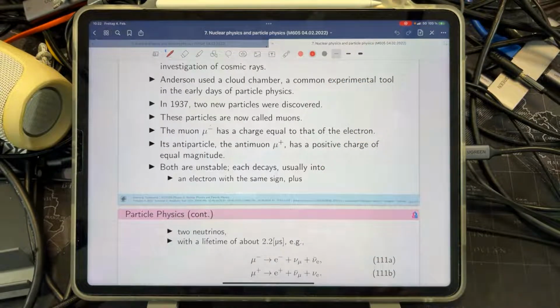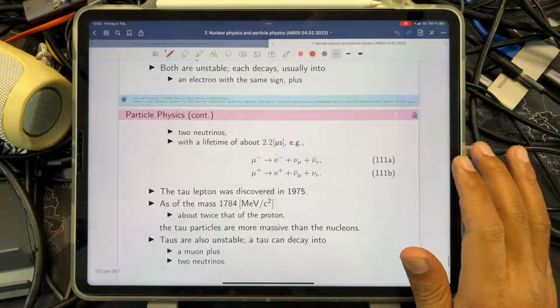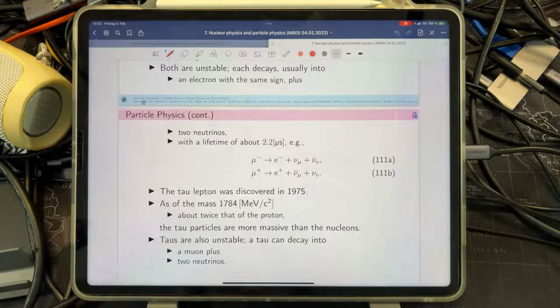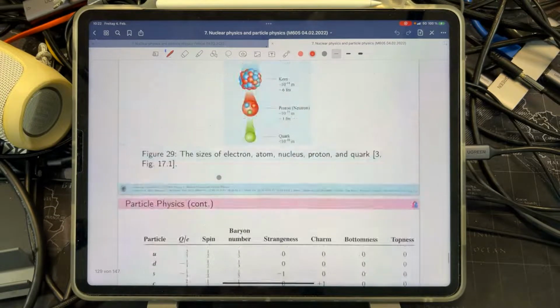Okay, one thing that I have added is the equation of muon decay, right? This is muon minus. We're going to have an electron and, is that correct?